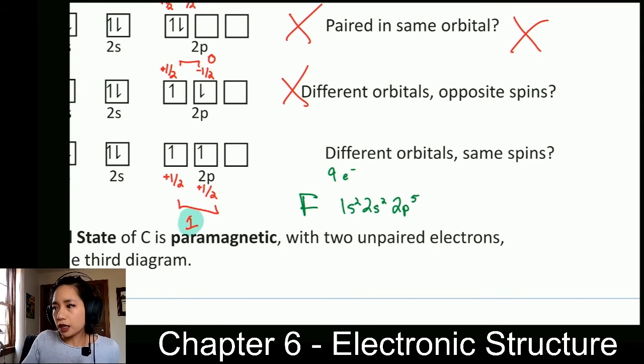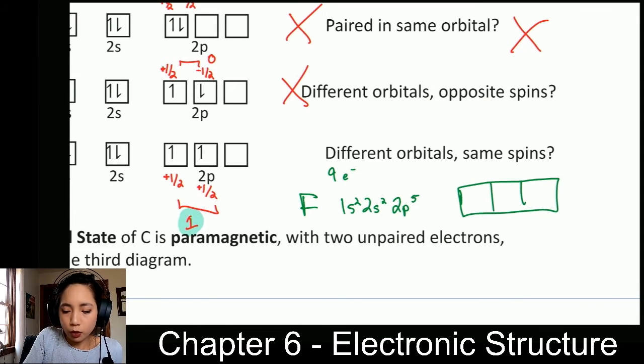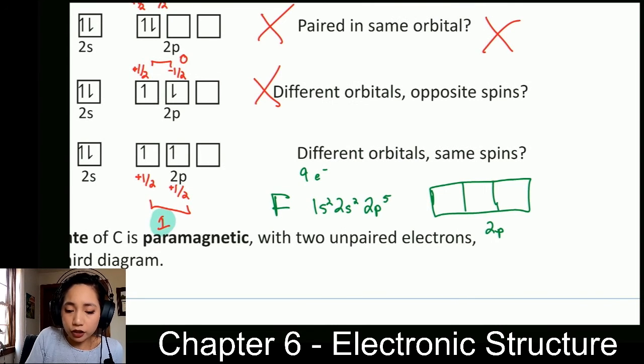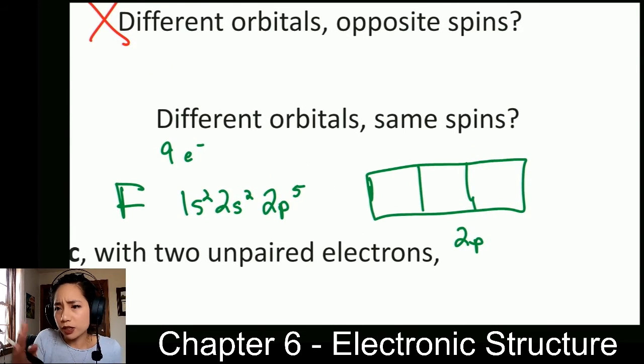To fill up the electrons in that p block, I'm going to draw out my orbitals within my 2p subshell. I need to place 5 electrons within that group. I'm only doing the last subshell, so let's forget about the s orbital for now. All of these orbitals are of the same energy, so the best way to maximize the stability of this fluorine atom is to place the electrons singly at first.